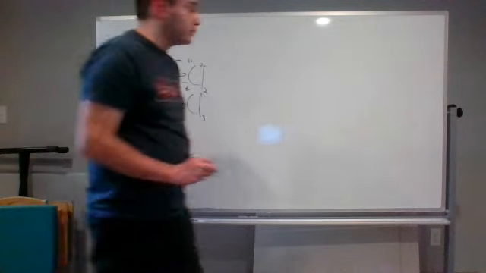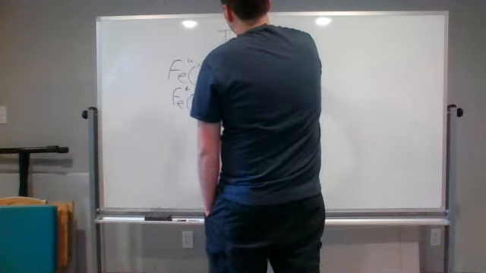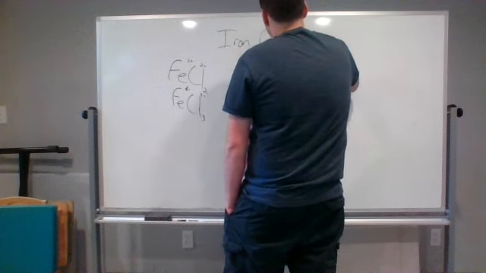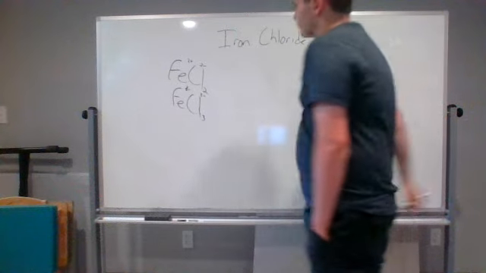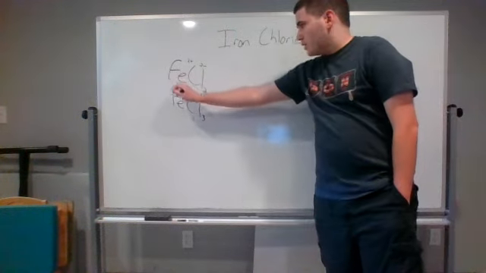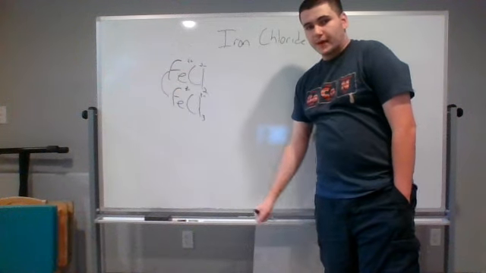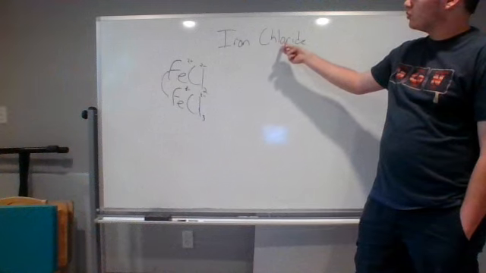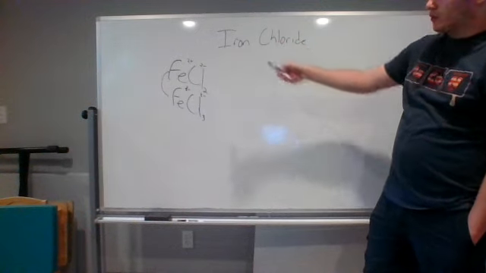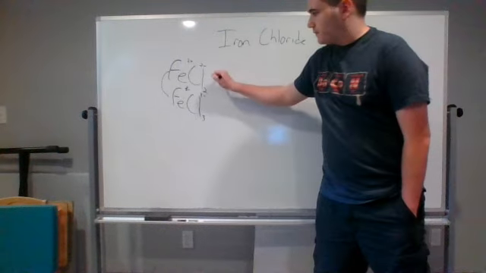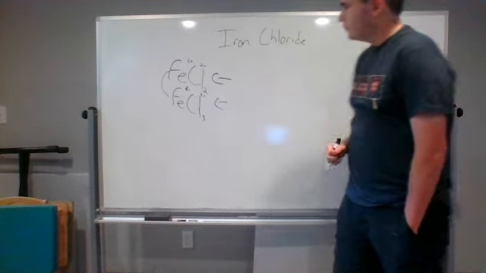So if you just wrote out iron chloride, the problem is both of these are iron chloride. So how do you think you would write out the chemical formula of iron chloride to demonstrate that it's this one or this one?